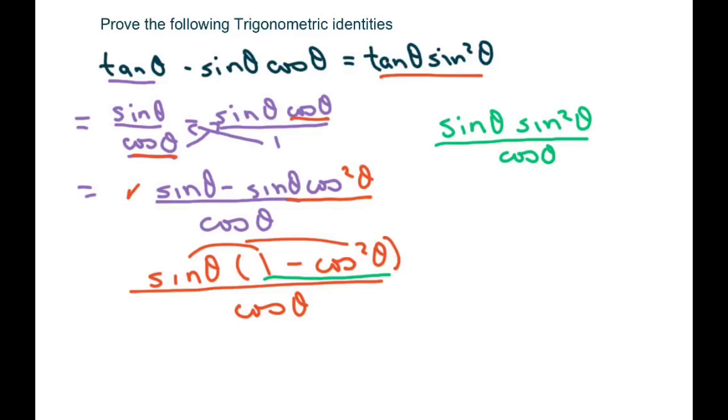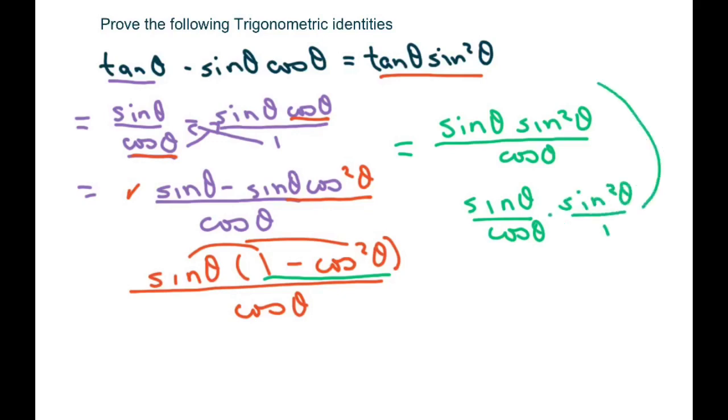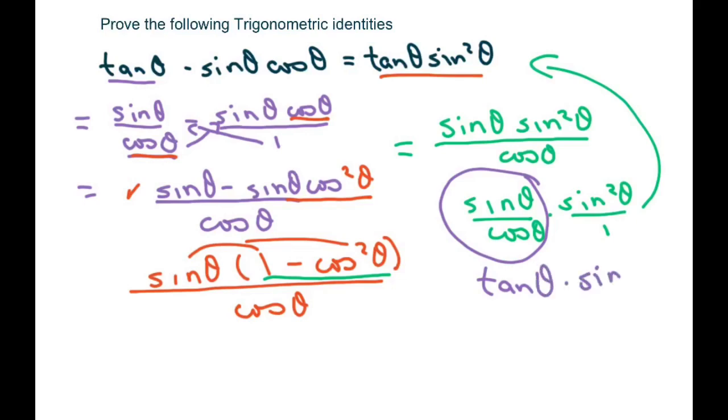And I can rewrite this as sine of theta over cosine of theta times sine squared of theta over 1. I'm trying to match it up to that. So this equals tan. So you get tan of theta times sine squared of theta. And it matches.